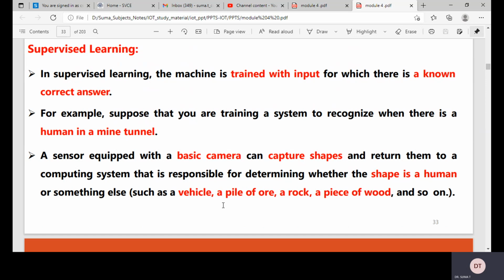With supervised techniques, hundreds or thousands of images are fed into the machine, and each image is labeled human or non-human in this case. This is called the training set. An algorithm is used to determine common parameters and common differences between the images.